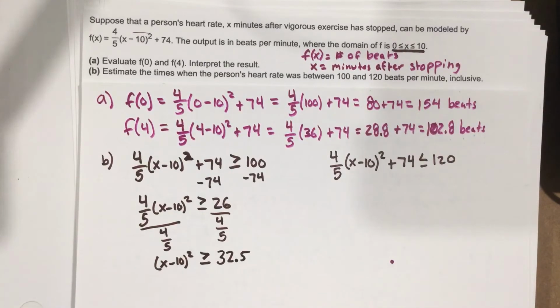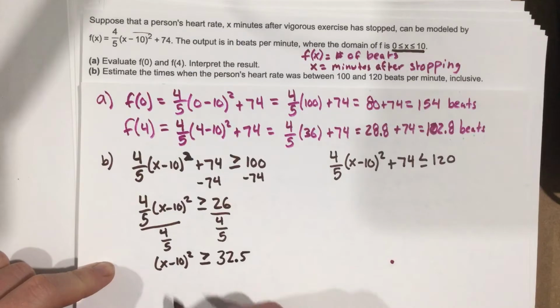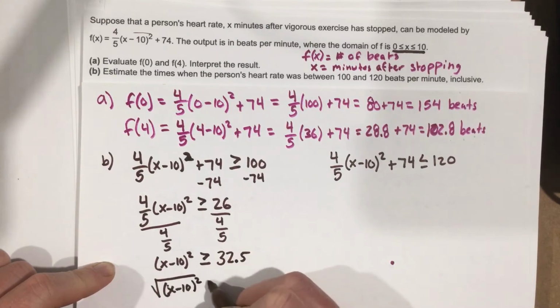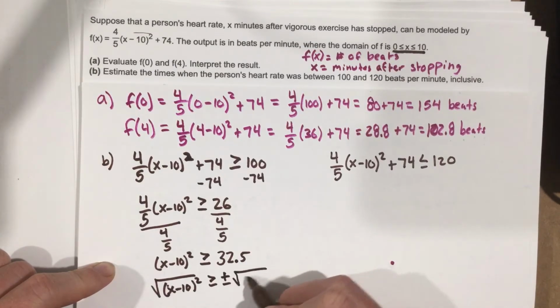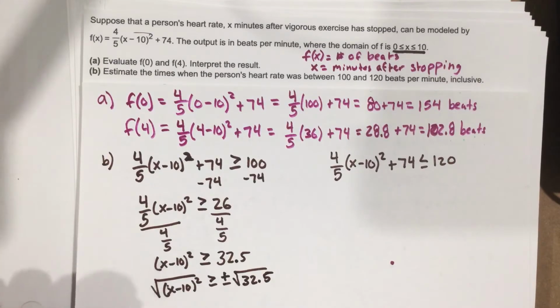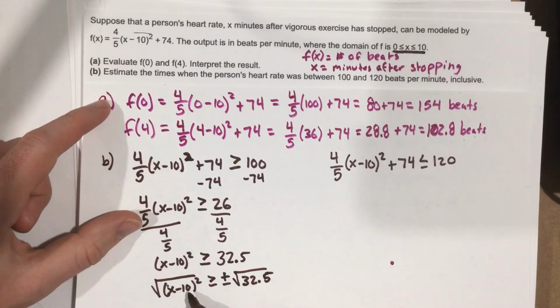All right, now at this point we have to square root each side. So we're going to square root here and square root here. We're going to end up with the root of (x minus 10) squared greater than or equal to plus and minus root 32.5. Now here's an issue that we're going to run into. At this point, we're going to need to separate this into two problems, and you'll see that in a second.